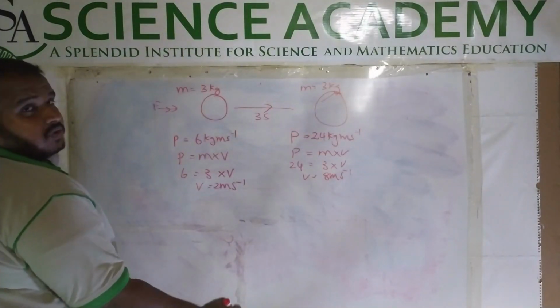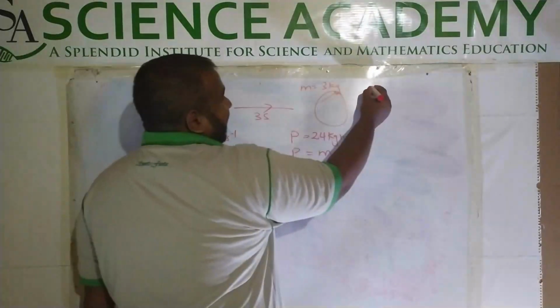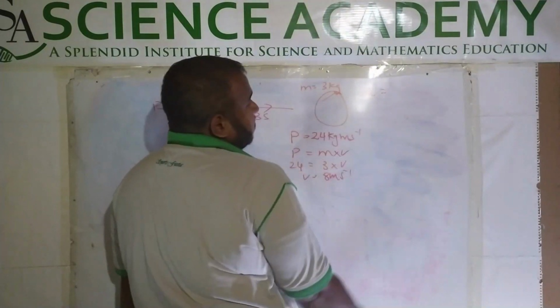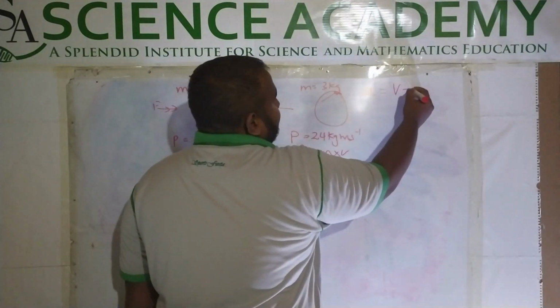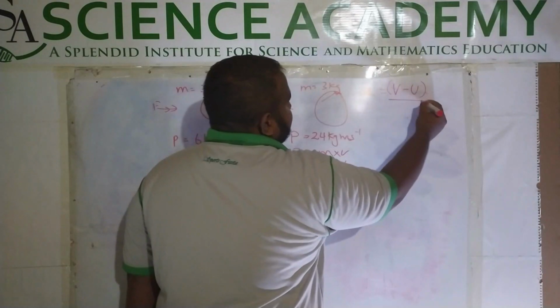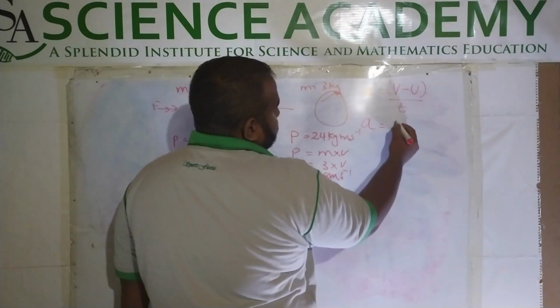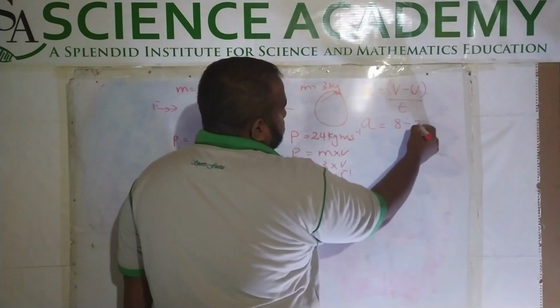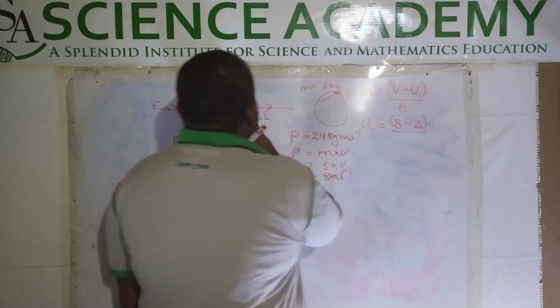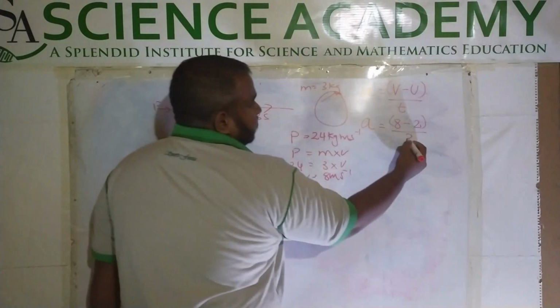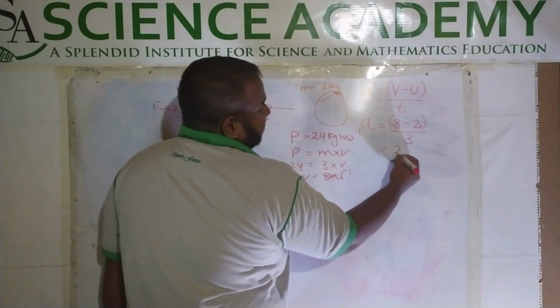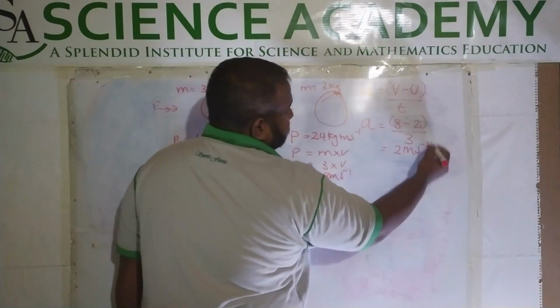Therefore, you can come to a conclusion using A, the acceleration is equal to final minus initial velocity divided by the time taken. Therefore, the acceleration is equal to 8 minus 2 divided by the time taken, 3 seconds. So the answer will be 2 meter second minus 2.